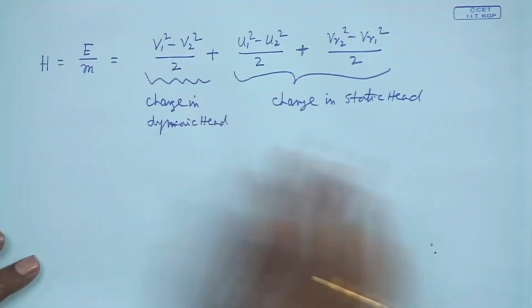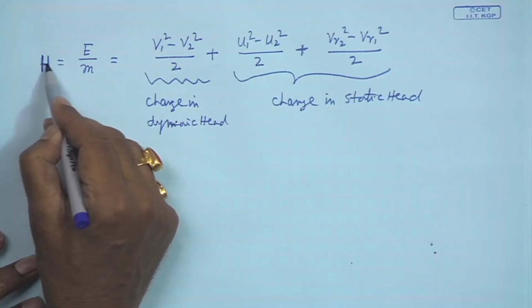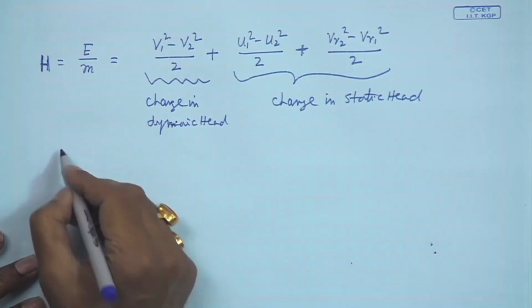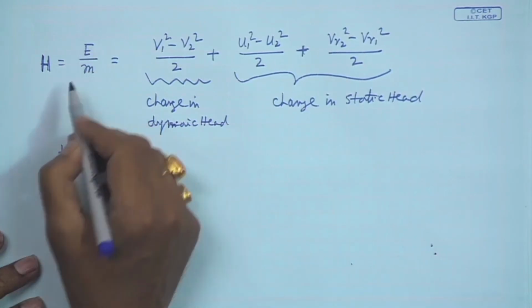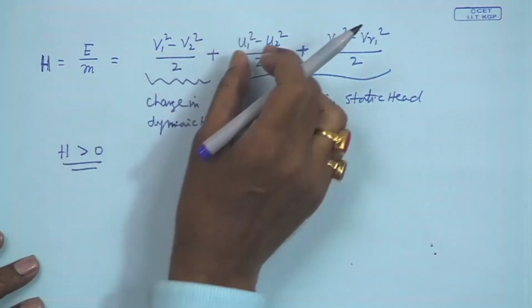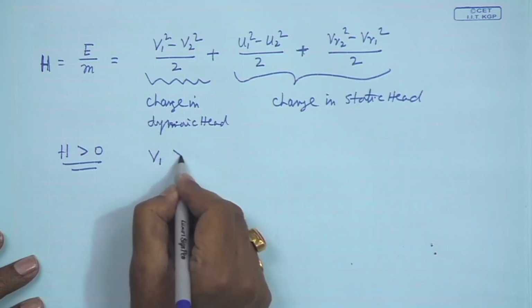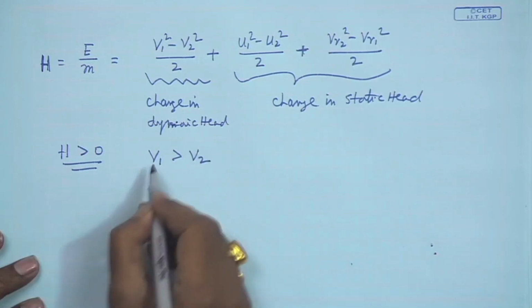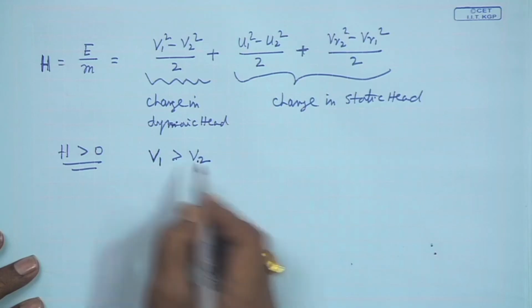So, this is clear now for turbines, where H is positive, that means H greater than 0 by convention, that means the energy is delivered by the fluid. And if we have the individual components all to be additive, then what will happen? V1 is always greater than V2. So, in turbines the inlet velocity of the fluid is always greater than the outlet velocity.